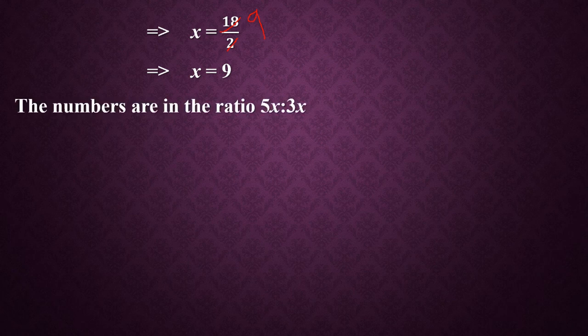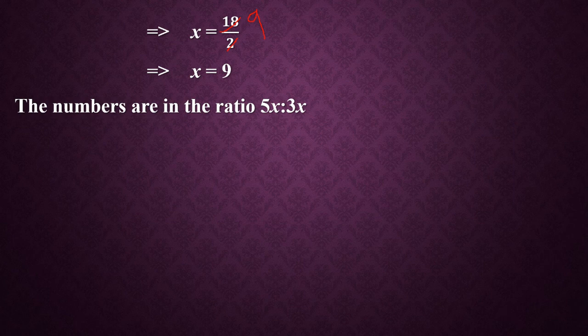Now we can change into simplest form. 1 2 is 2, then 8. 9 2s are 18. So your x value we got 9. We found the value only for x. Still the two numbers we didn't find. So they have given the ratio 5x is to 3x.